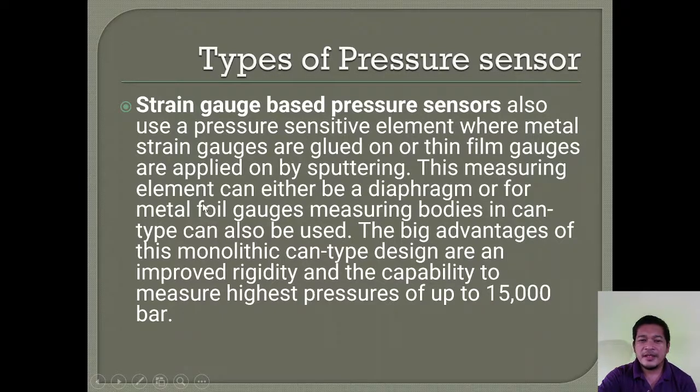This measuring element can be either a diaphragm or a metal foil gauge. Measuring bodies in can type can also be used. The big advantages of this monolithic can type design are improved rigidity and the capability to measure highest pressure of up to 15,000 bar.